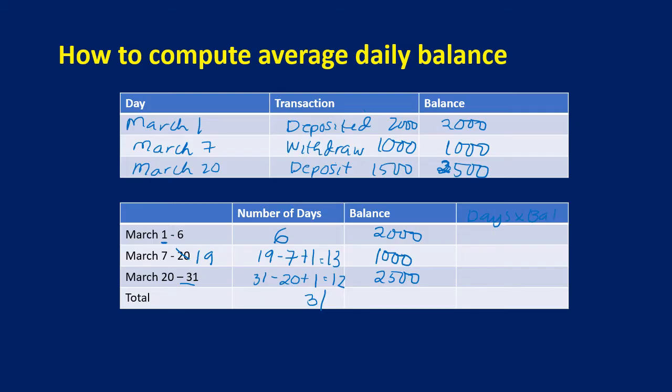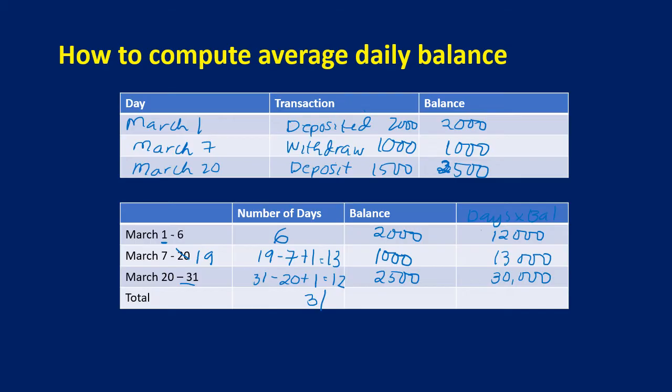So 2,000 times 6 is 12,000. 1,000 times 13 is 13,000. And 2,500 times 12 is 30,000.